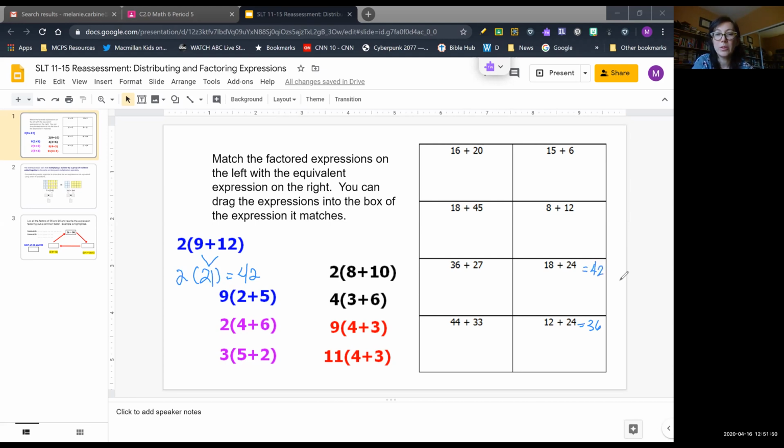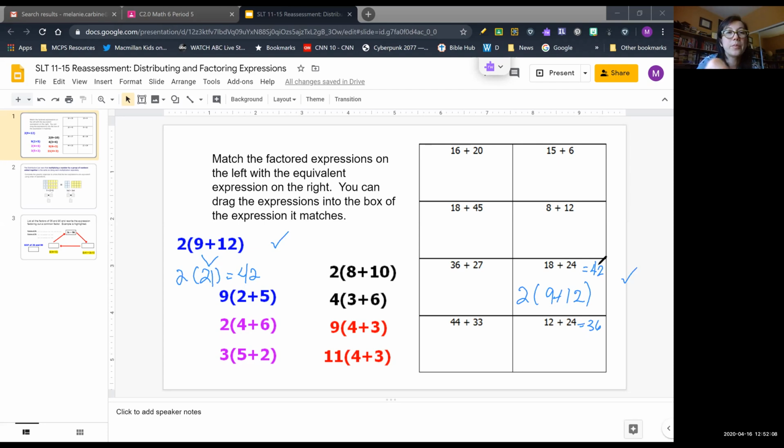All right, those 2 match. So I can then drag and drop it over here when I turn it in. That is one strategy. Go ahead, add them up, multiply it, see if you get the same answer.